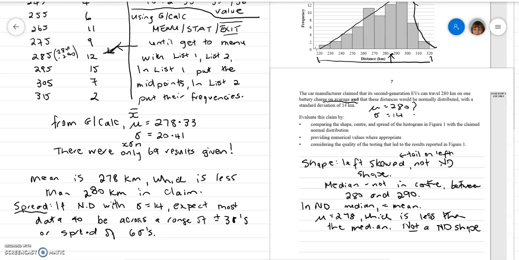Now, if I go 6 times 14 on my calculator, I'm going to get 84. So I'd expect most of the data, perhaps all of the data, because that's 99%, to be within a range of 84. But if we look at our original graph, do you see that it goes from 220 up to 320? So actual data spreads from 220 to 320, which is 100.